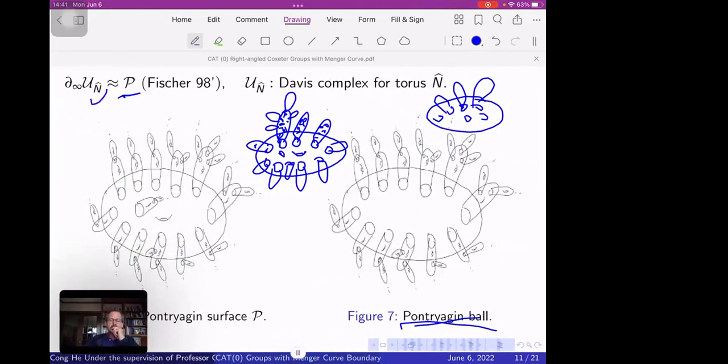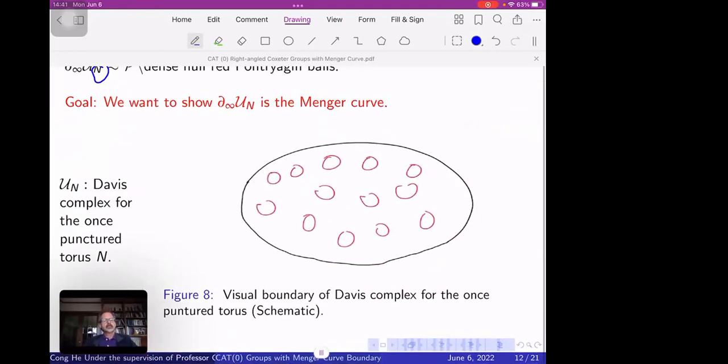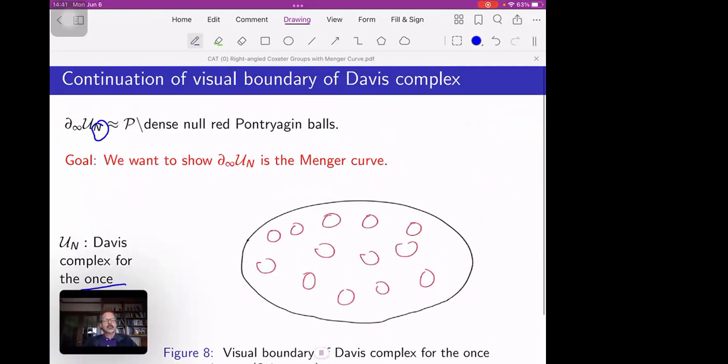So here I have emphasized I use n hat to represent the torus, and I use n to represent the once punctured torus. This is my notation. So we can prove that the visual boundary for the Davis complex associated with the punctured torus, that's boundary infinity of un, is a Pontryagin surface with a lot of disjoint red Pontryagin balls removed. I say red just to distinguish the Pontryagin balls.